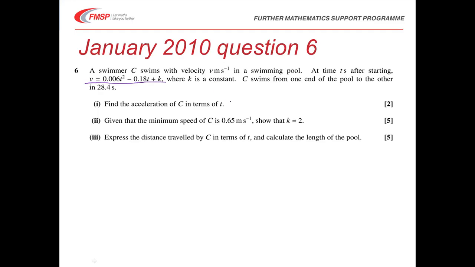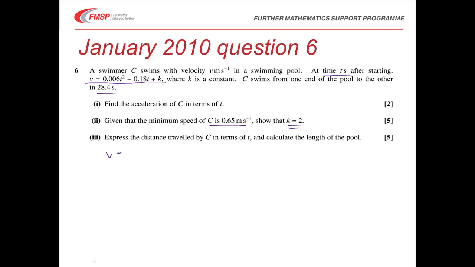But we are given various information. I think we would assume that they start at time 0. We know how long it takes to do one length, and we're told the maximum speed in order to find when k equals 2.